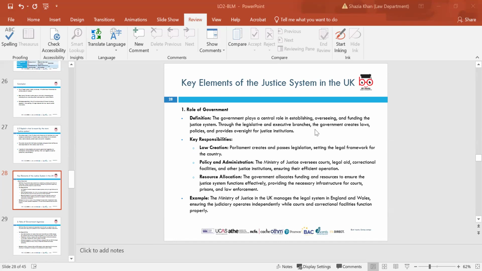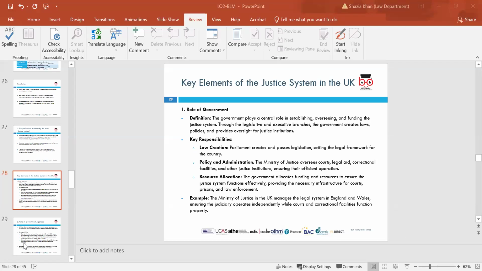Through the legislative and executive branches, the government creates laws and policies and provides oversight for justice institutions. Key responsibilities: law creation, policy and administration, and resource allocation. An example they give: the Ministry of Justice in the UK manages the legal system in England and Wales, ensuring everything is fair and equal.